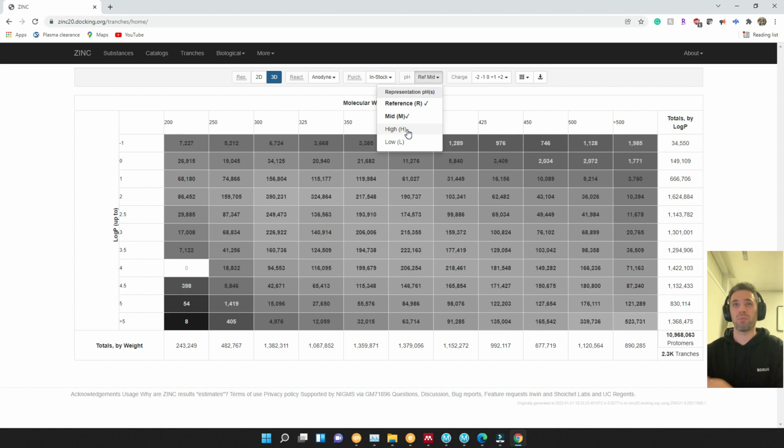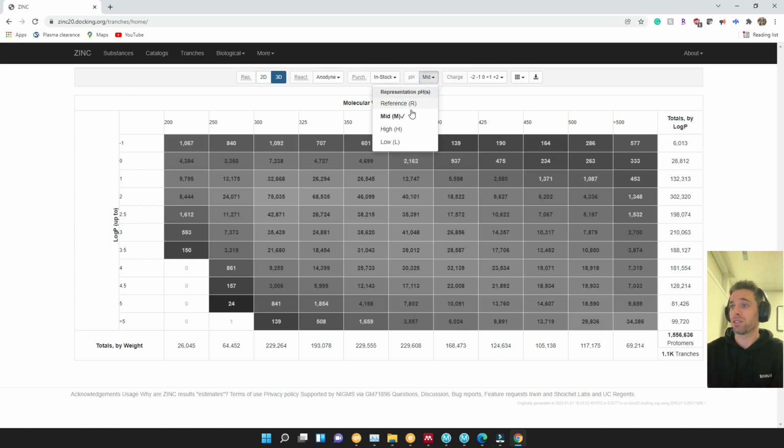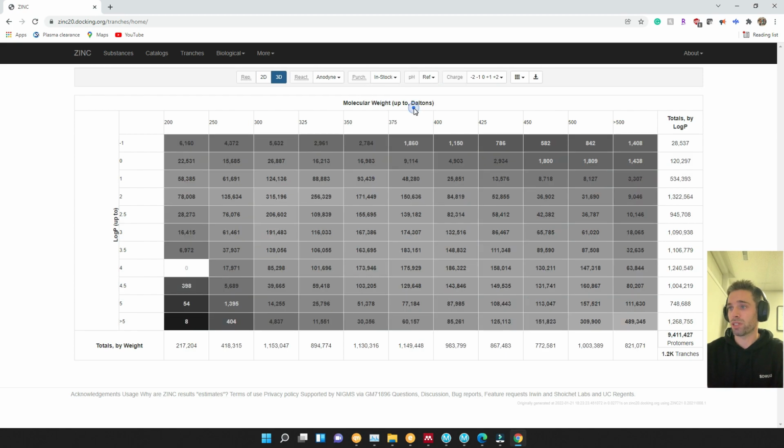High means pH over like 9, so quite on the basic side, and then low encompasses anything that's like pH 5.5 and more acidic. Being that we're putting these into a biological system ideally, we want to pick reference or mid pH. So reference or mid is okay. We'll use reference.